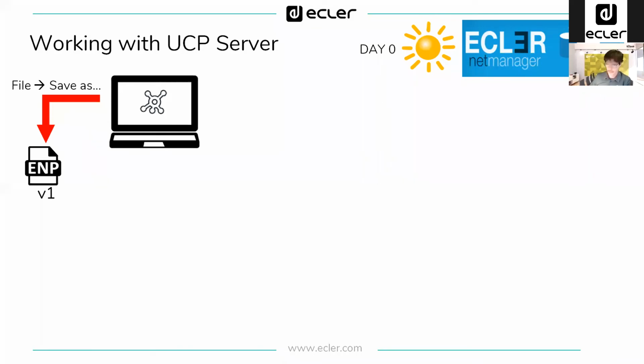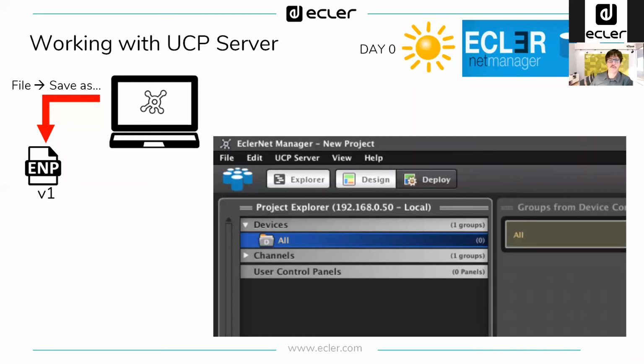Okay, we have the version, and whenever you work in local mode, so you are not connected to anything, here it will appear the IP of your computer, and it will say local, okay? But it will always show the IP.